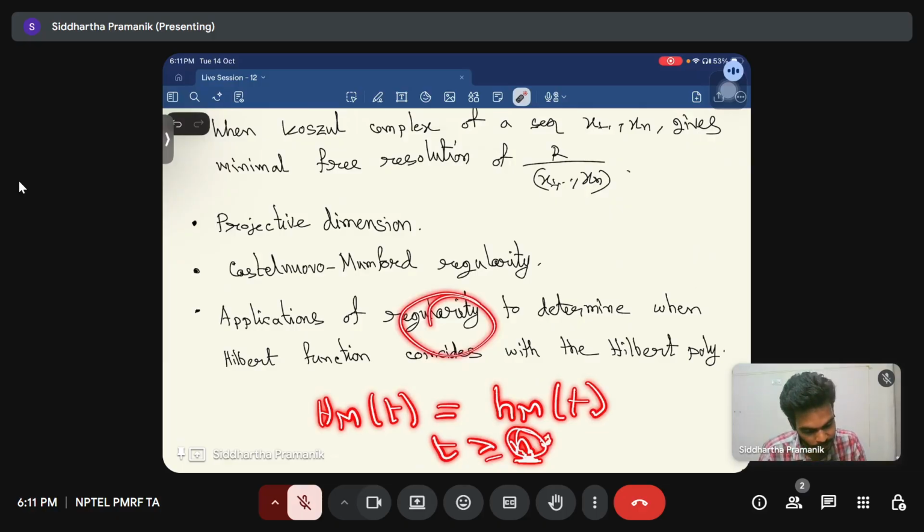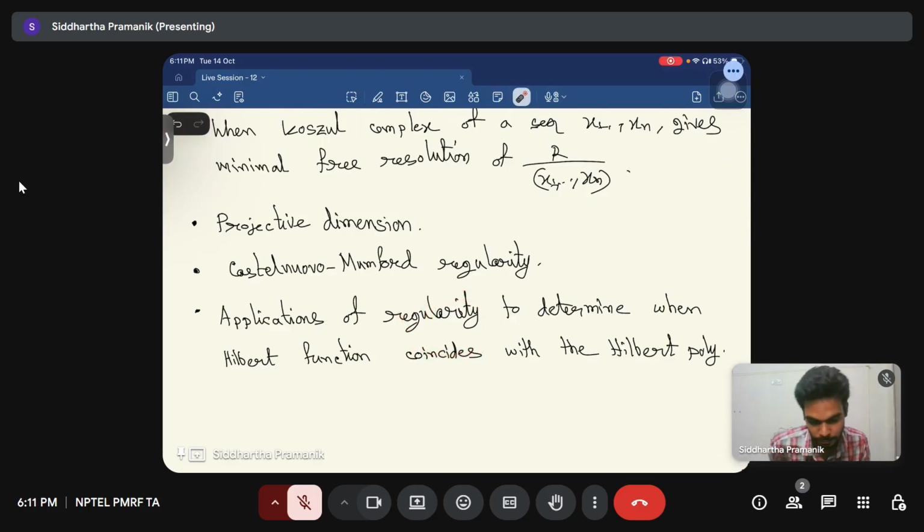So the postulation number should be less than or equal to the regularity of M plus 1. This is an important application of regularity. And we also saw some geometric applications of this, how to transform things in the case of regularity and Hilbert functions.